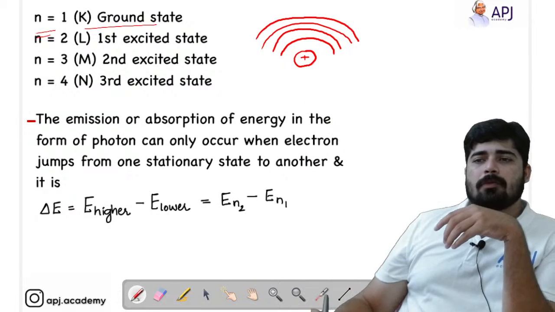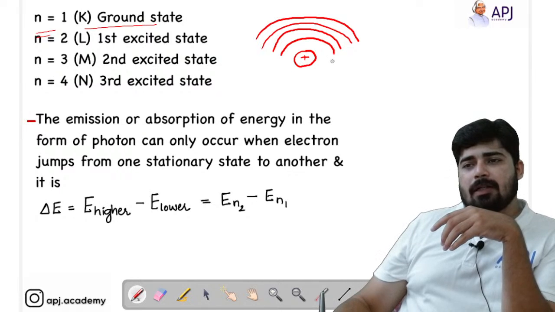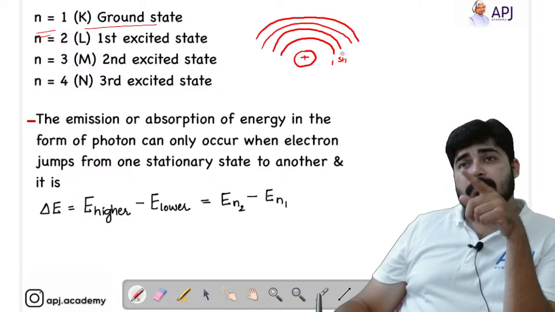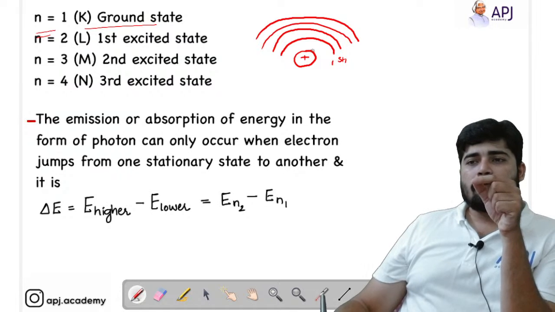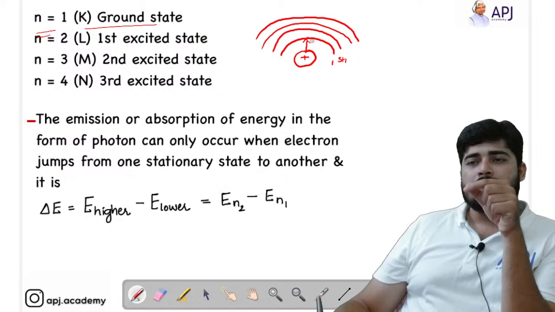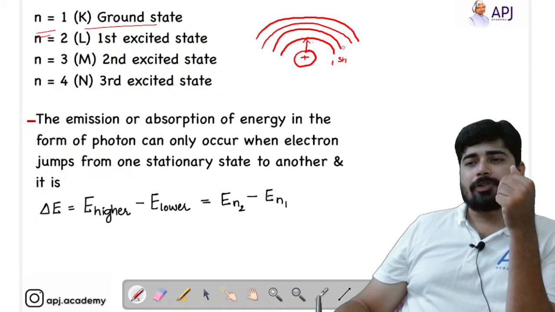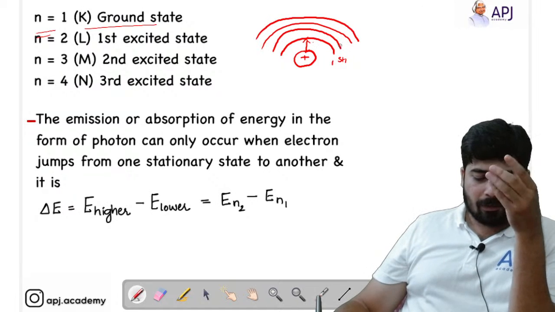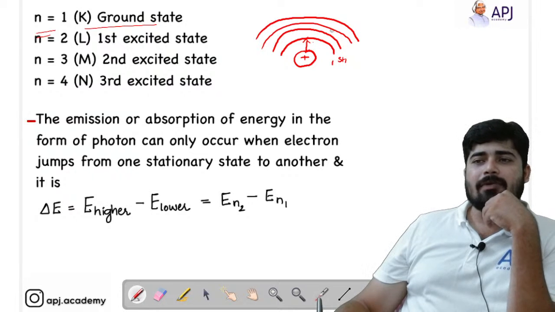Okay, so this is the first shell. How did I call it the first shell? Because it is the nearest shell to the nucleus. The second nearest is the second shell. Third nearest is the third shell. Fourth nearest is the fourth shell. Likewise it goes.